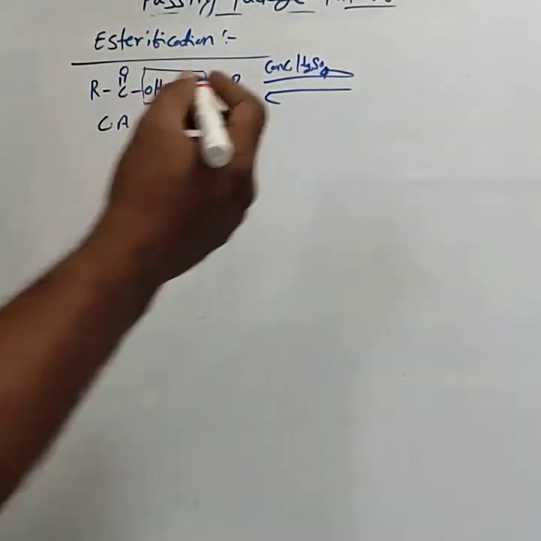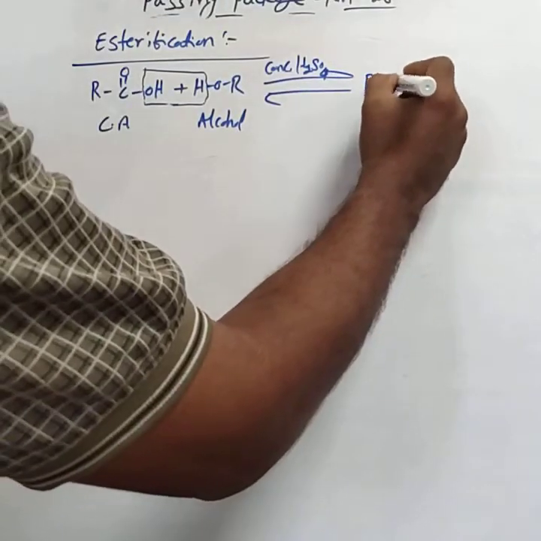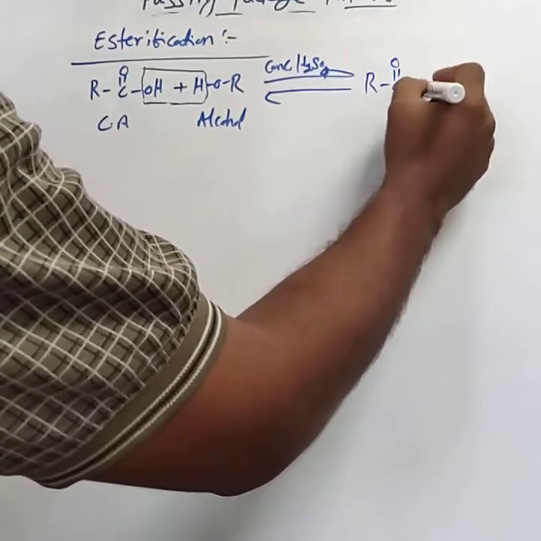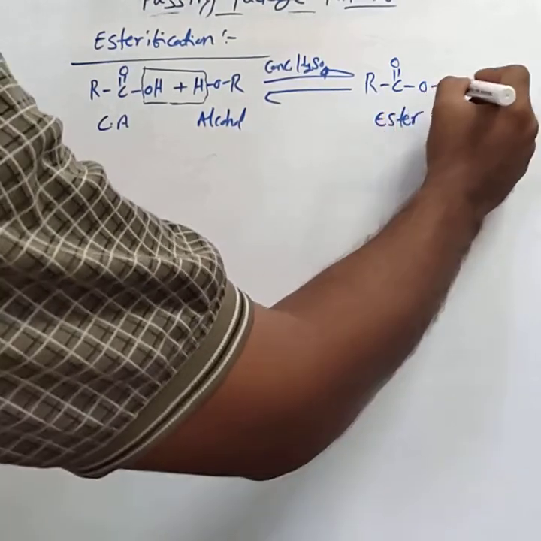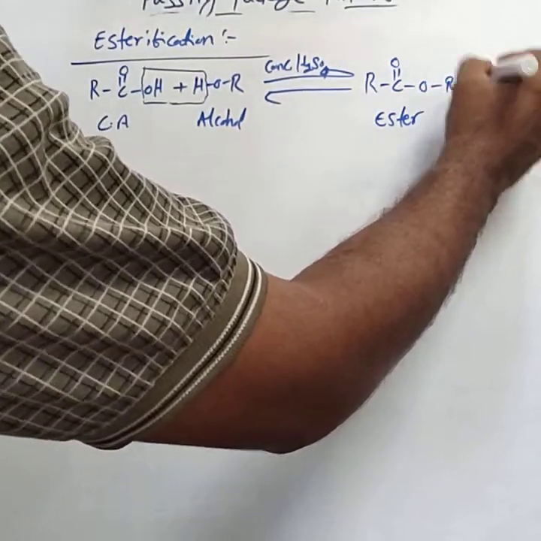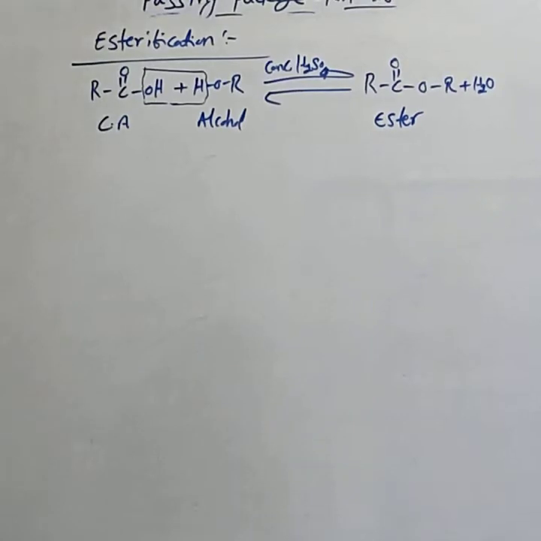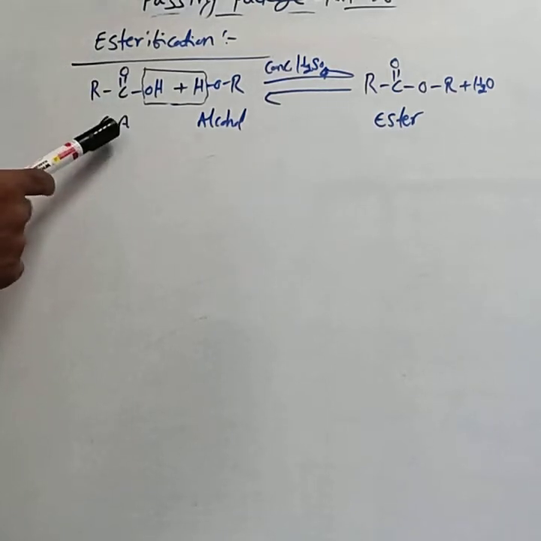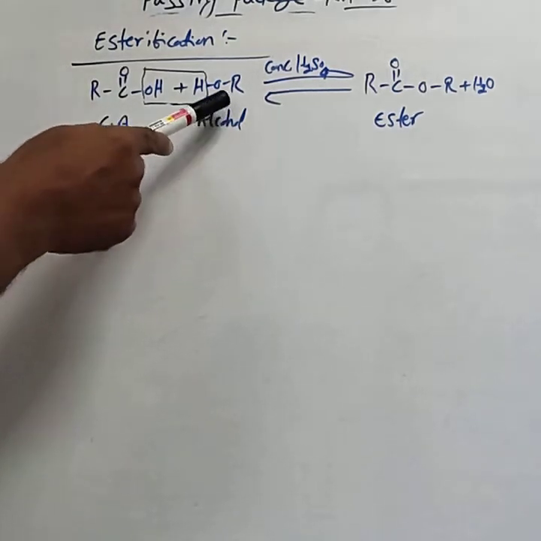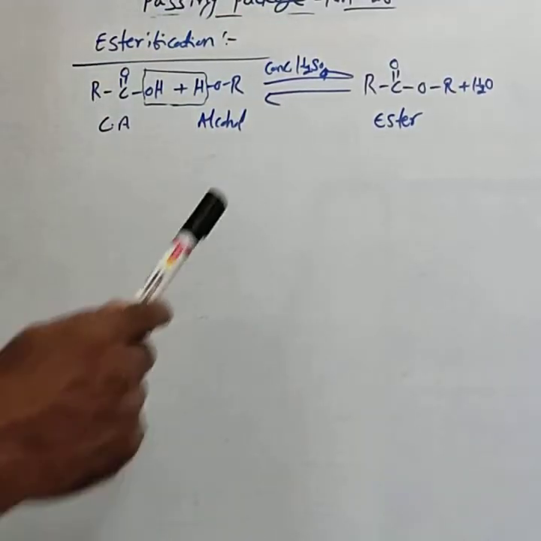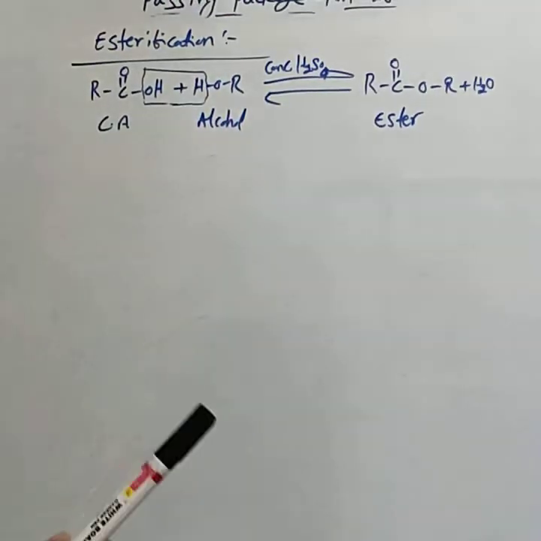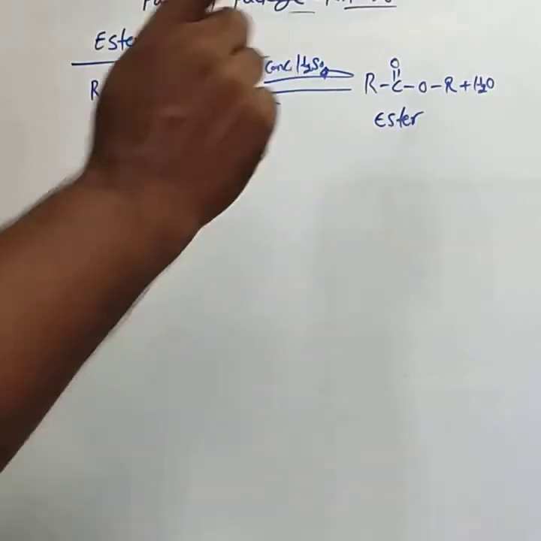Then we get RCOOR, which is called an ester, with removal of a water molecule. This reaction is called esterification. Esterification means carboxylic acid heated with alcohol in the presence of concentrated sulfuric acid forms esters.